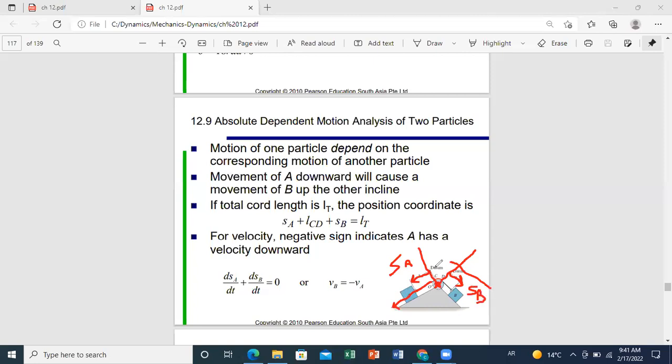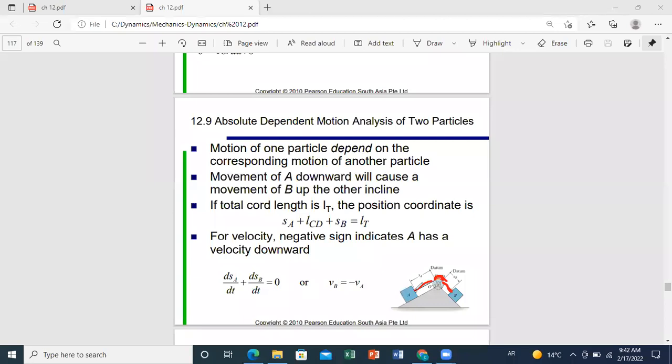Once I put my coordinates SA and SB, and I want to relate the velocities of the two blocks, the next step will be to express the total length of my chord as a function of these coordinates. If you look at your system, this is my chord. It's constituted by three parts. Part one, the arc of circle CD, and part three.